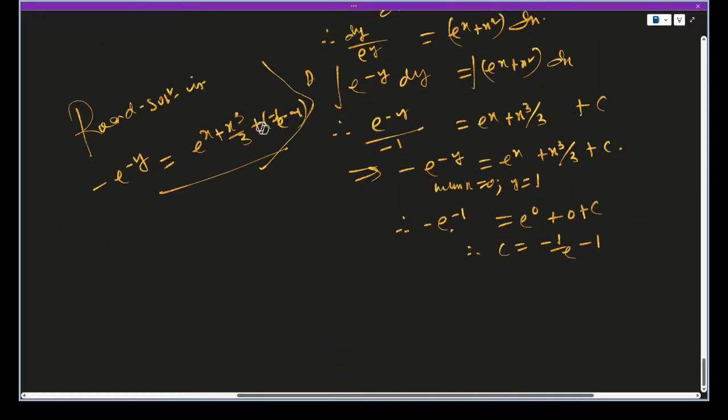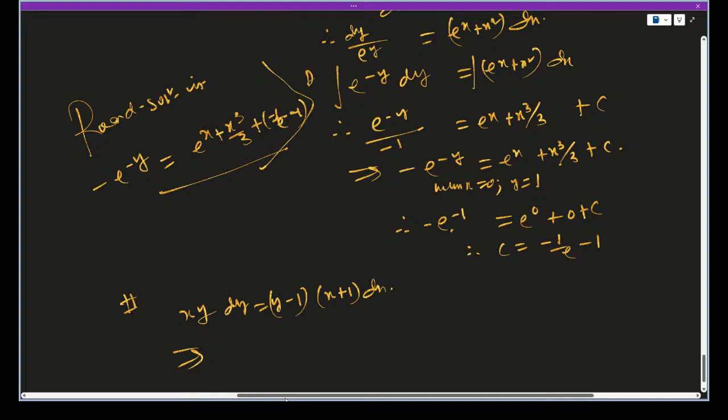Take another one like xy dy equal to y minus 1 into x plus 1 dx.